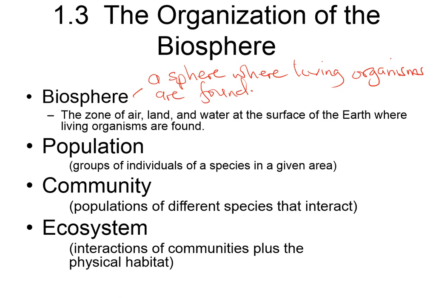Now, within the living organisms, we have populations. So, populations are groups of individual species in a given area. For example, we can say we have a population of ants. So a population, you are talking about a single species.